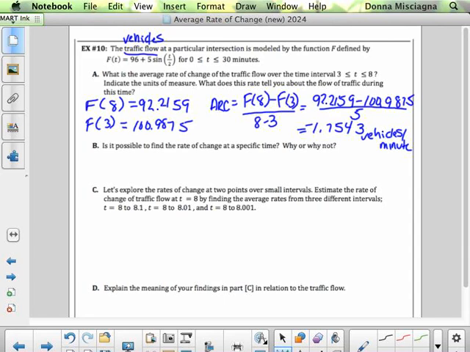Now we need to explain what this rate tells you about the flow of traffic during this time. We want to be as specific as possible, and I'm running out of space, so I'll write up here. Traffic flow is, since it's negative, decreasing.